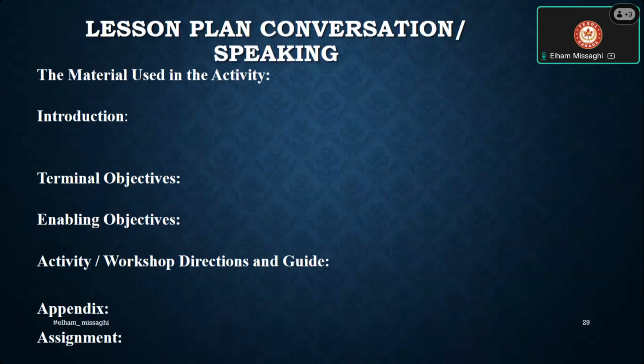In the listening part, you already put them in the context, right? So you don't need to put them in the context for each skill because they already know the topic is environment. So when you write your lesson plan, remember all the skills are integrated. Don't make it separate.